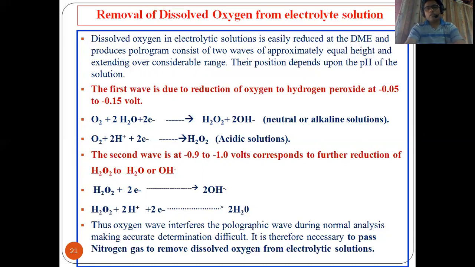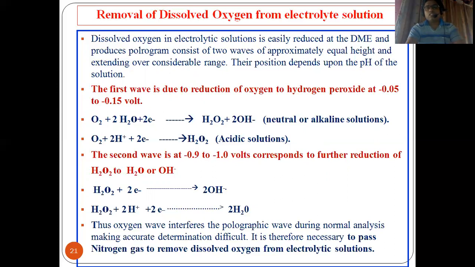When the potential decreases up to minus 0.9 to minus 1 volt, there is further reduction of H2O2 with 2 electrons to form 2OH minus ions. Thus, the oxygen wave interferes with the polarographic wave during the normal analysis, making accurate determination difficult.